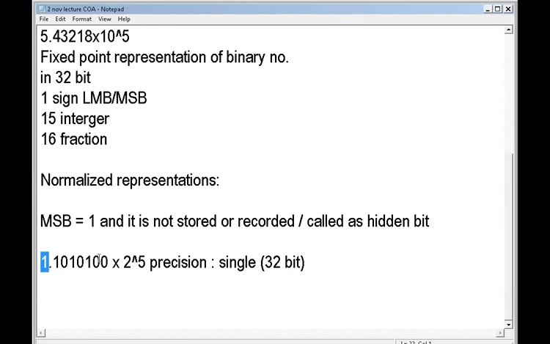Only the fractional part is saved. Now this number with single precision, that means 32-bit representation, would actually be saved on the computer.